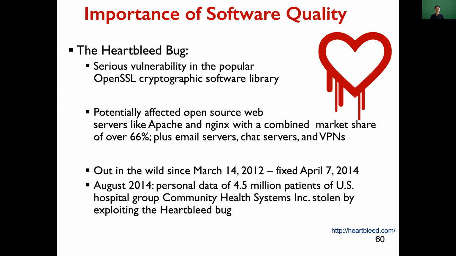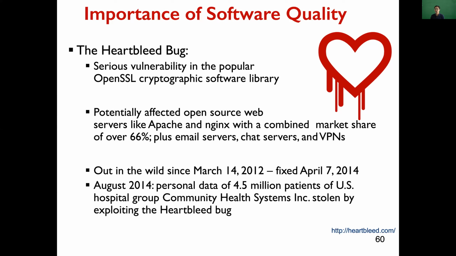There's another example, which is called the Heartbleed bug. It was a serious vulnerability in the popular OpenSSL software library. This library is widely used by many web servers like the Apache web server and the Nginx web server.